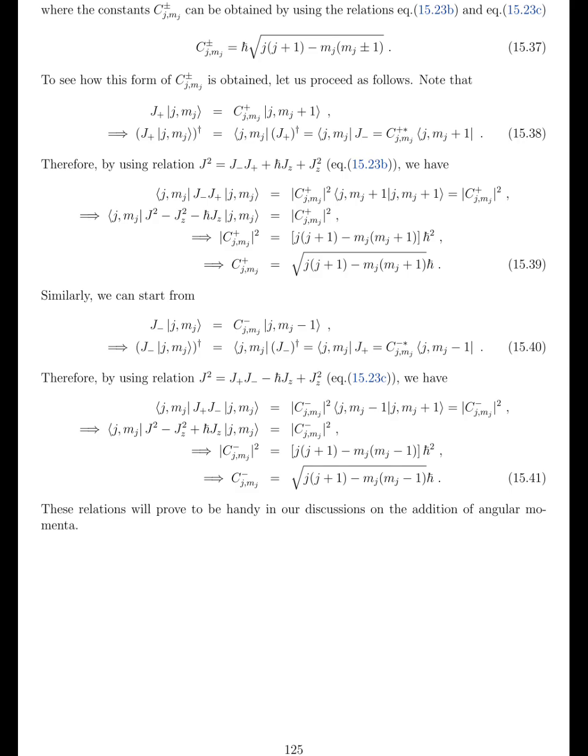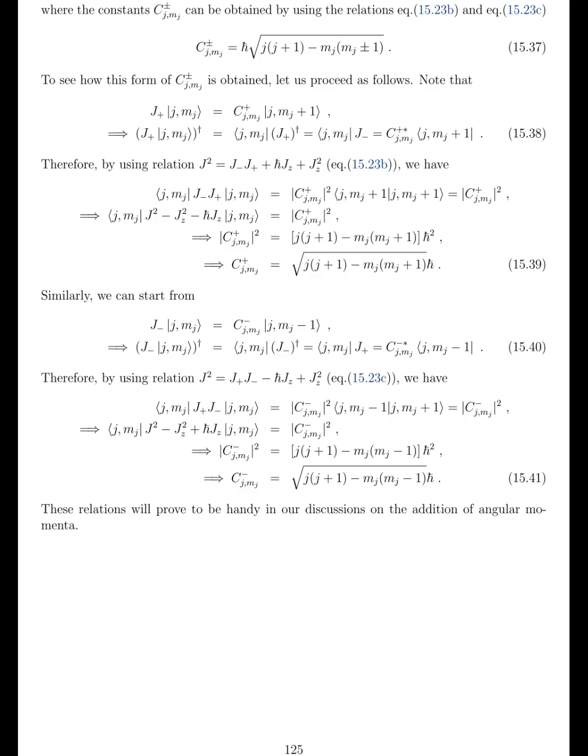But if this is a normalized state, that inner product is 1. So that's just this coefficient, which is what I want to know. Therefore, the coefficient square is just the action of these objects, J square minus Jz square minus H bar Jz. If you carry out the maths, that leads to this relation.